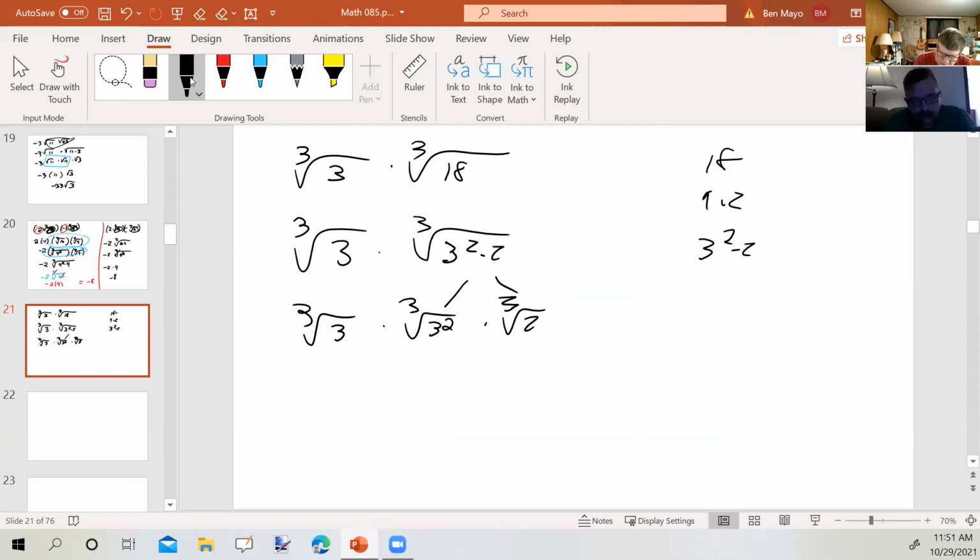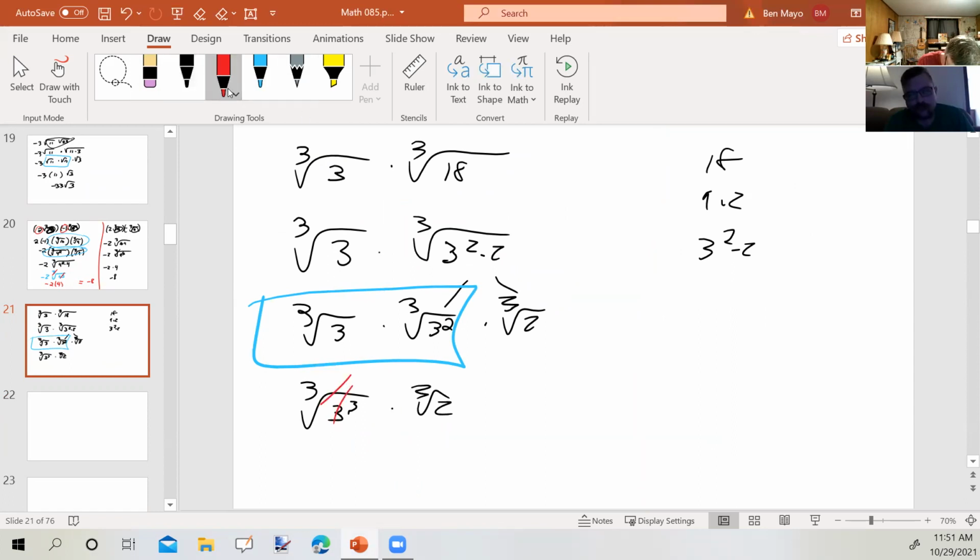Okay, so I split those apart so that I could put those together. The cube root of 3 cubed times the cube root of 2, 3 cube roots of 2.